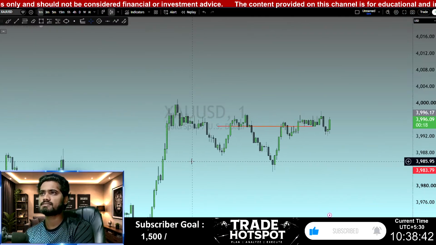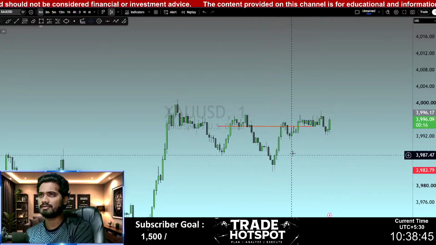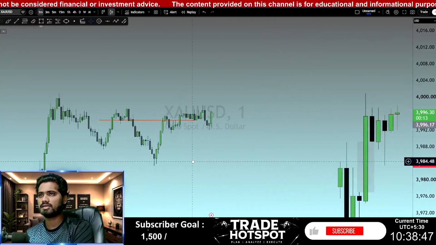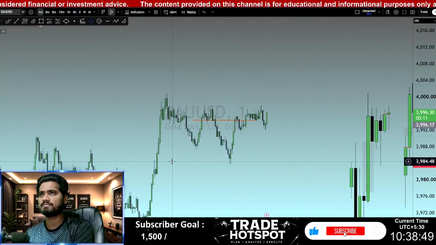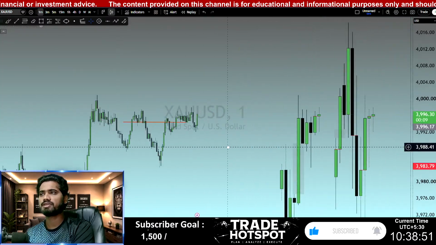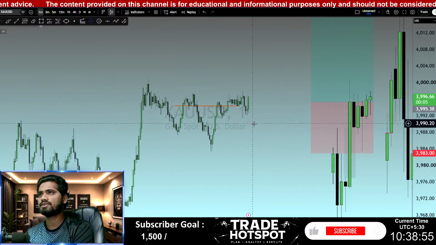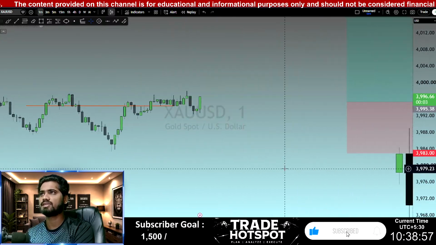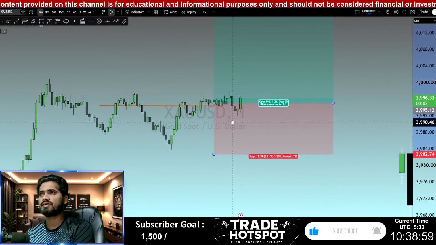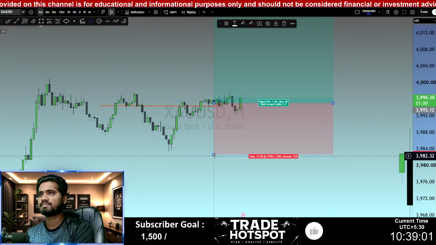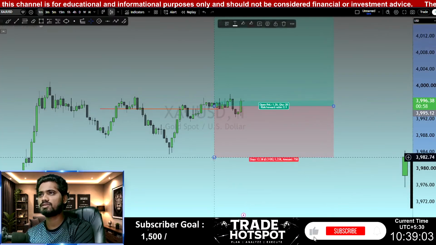As you know, guys, I want to trade here. The market is here right now, so it will be a mistake. We can trade here. Initially I would like to trade at this moment, keeping the stop loss here.